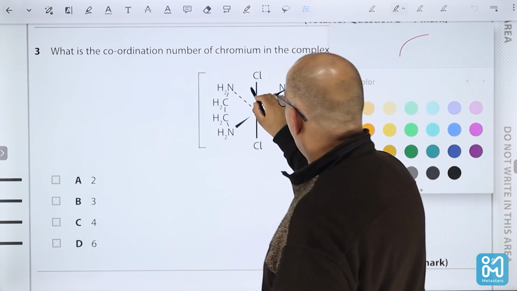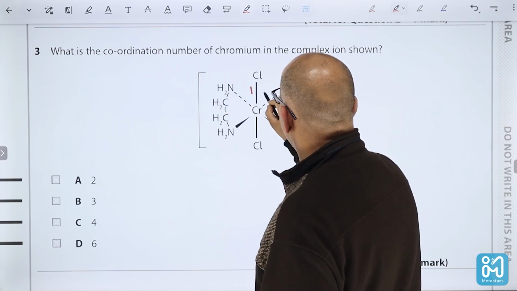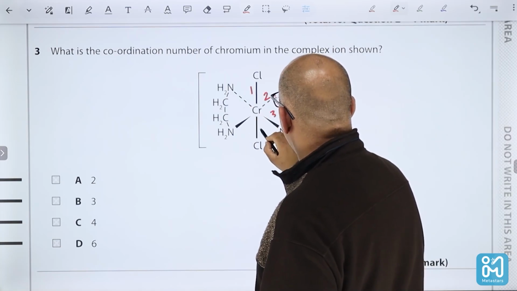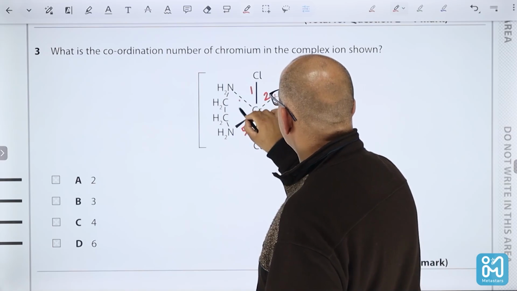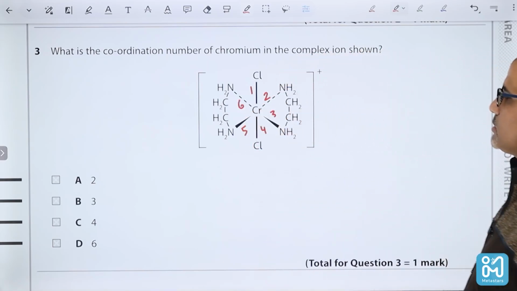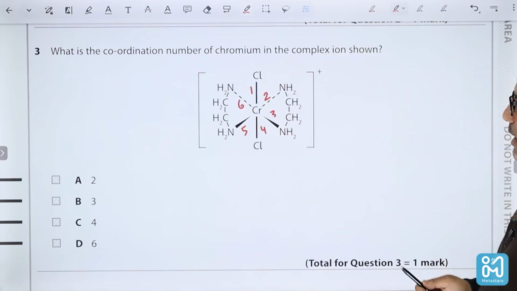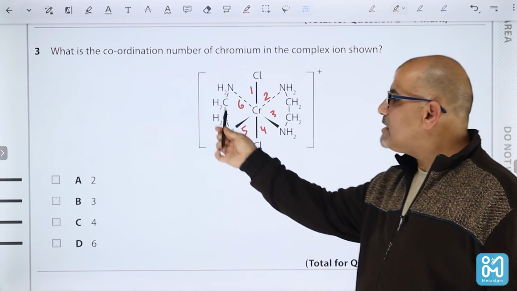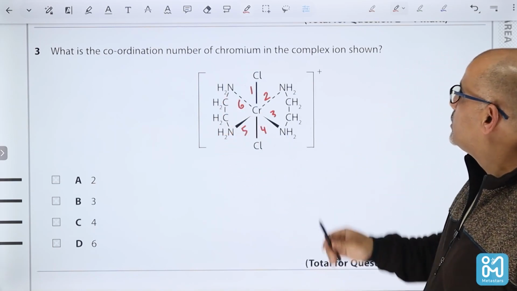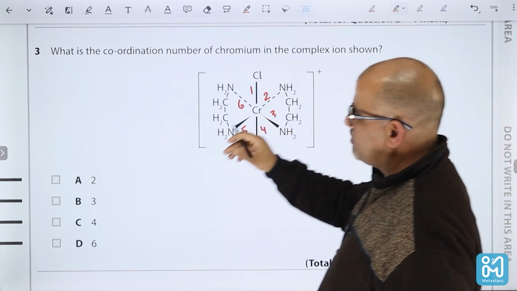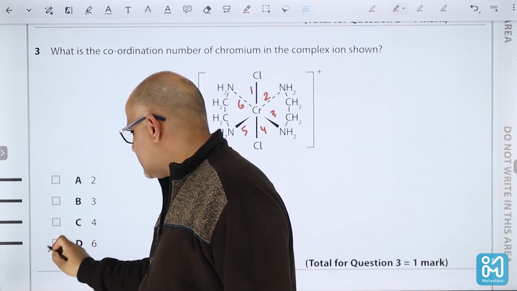We have 1, 2, 3, 4, 5, 6 coordination numbers. So you will find 6 dative covalent bonds. So the correct answer is 6.